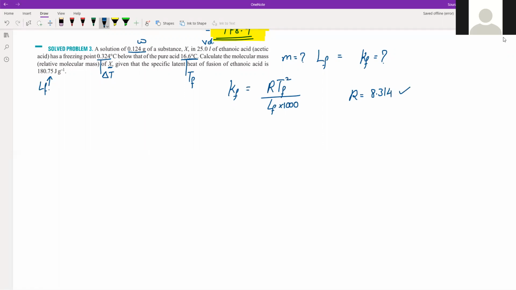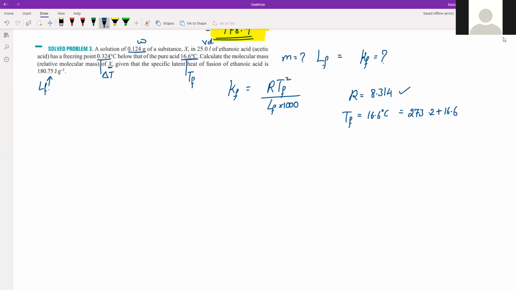What else do we need? We have this TF. TF is actually given in degrees Celsius, and for this formula, wherever R is involved, we actually need the temperatures to be in Kelvin scale. So TF is 16.6 degrees Celsius, which is equal to 273.2 plus 16.6.